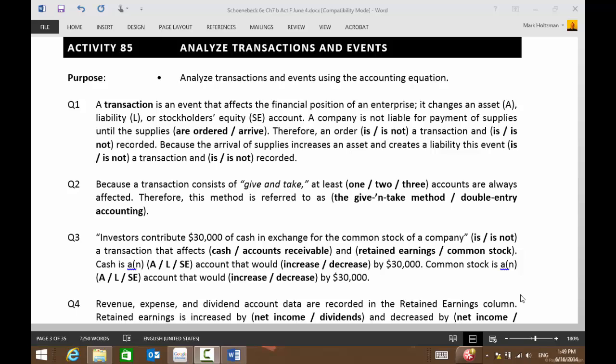The answer is true. It's going to affect assets, liabilities, and/or stockholders' equity. And we know the accounting equation already, assets equals liabilities plus stockholders' equity. So that's a fundamental idea behind what transactions are.